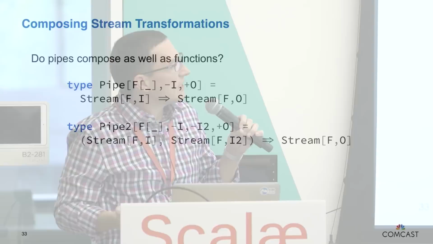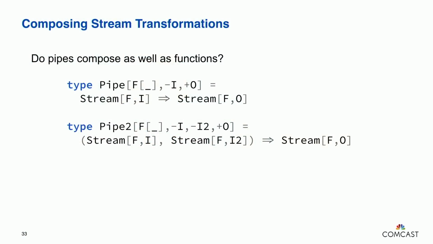For anyone familiar with Scalaz stream and the way process 1s were defined, it was very much different, right? Process 1s were a special type of machine that could pull elements from places. And it was really confusing, and I think like 3 people in the world understood it. Function 1s, everybody gets, right? And similarly, pipe 2s are just function 2s.